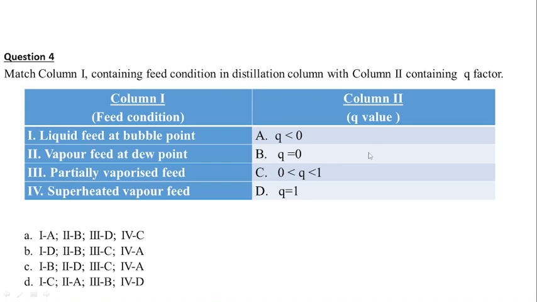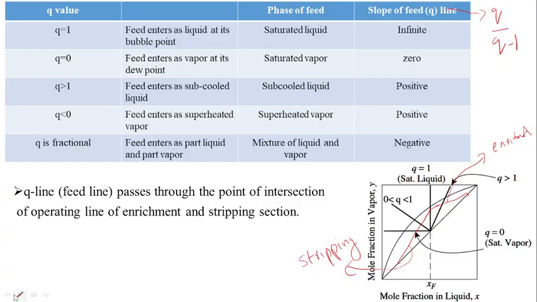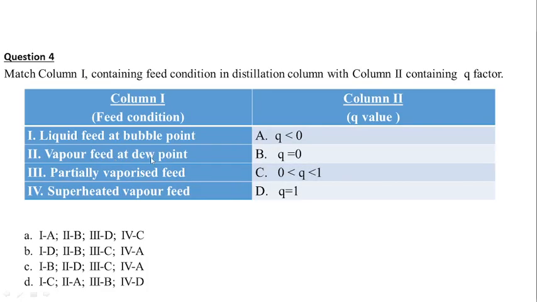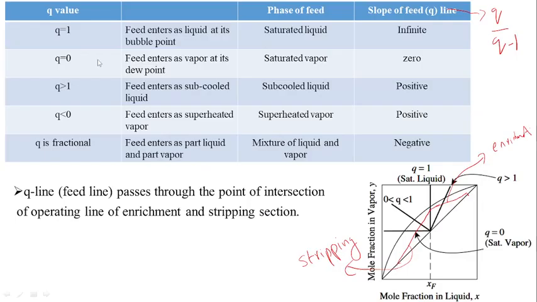From the previous slide, we can see that if liquid is entering at its bubble point, what is the Q value? Liquid entering at the bubble point has a Q value equal to 1.